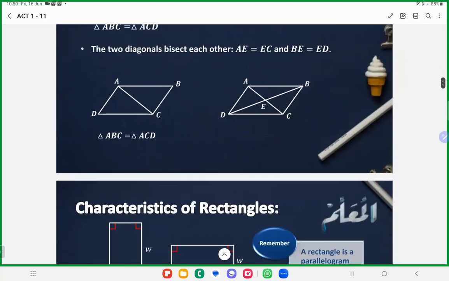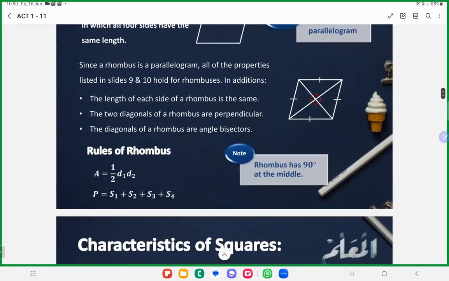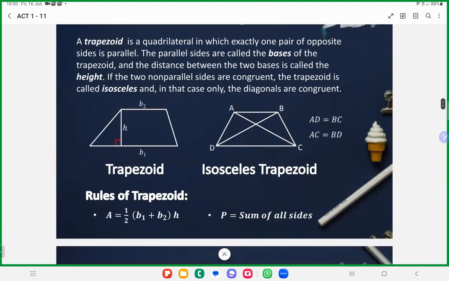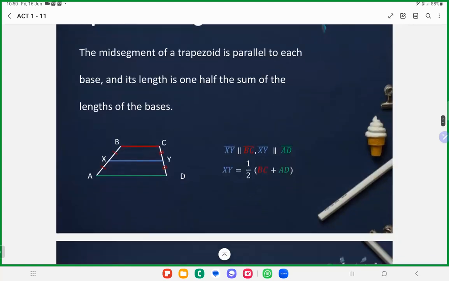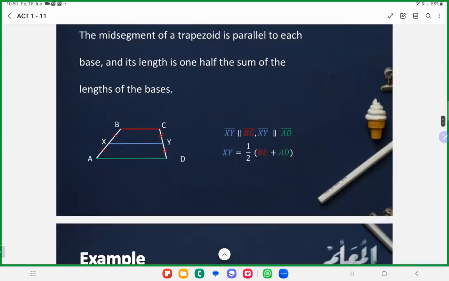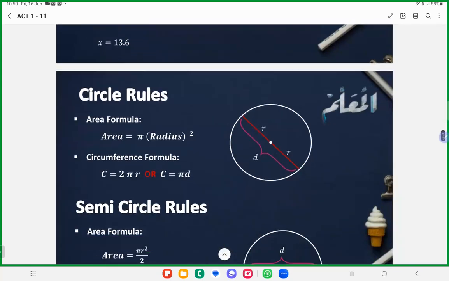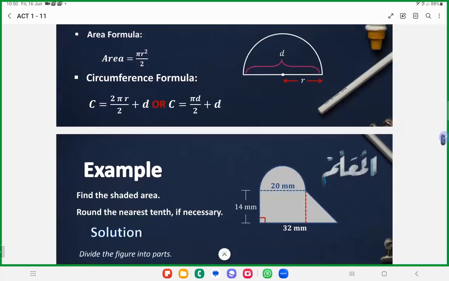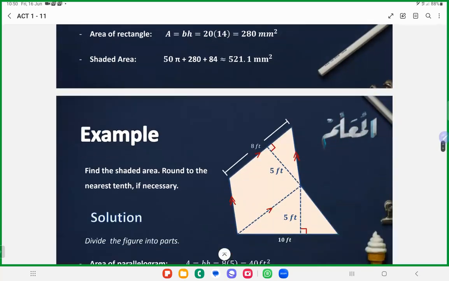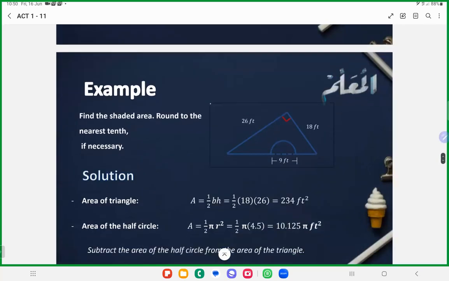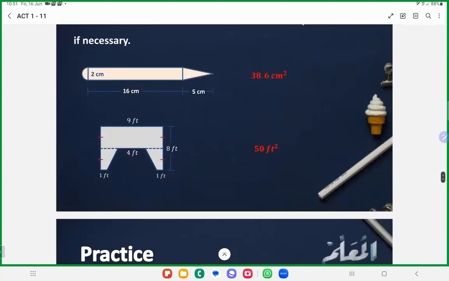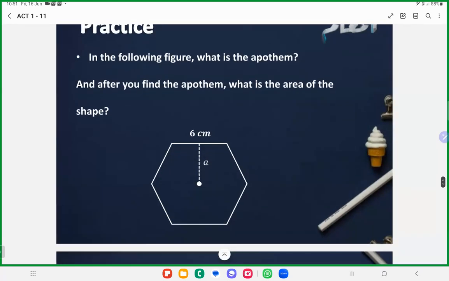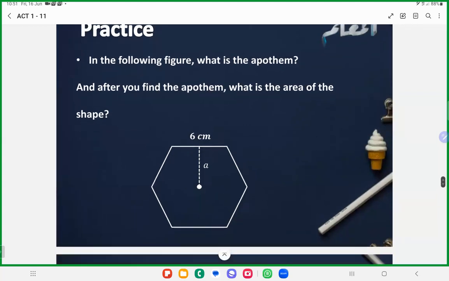Parallelogram, characteristics of parallelogram, rectangle, rhombus, square, trapezoid, isosceles trapezoid, and how to get the mid segment of a trapezoid. A circle, the perimeter of a circle, combined shapes, how to solve a combined shape question. Those questions are important to remember. And the polygons, the area of a polygon.